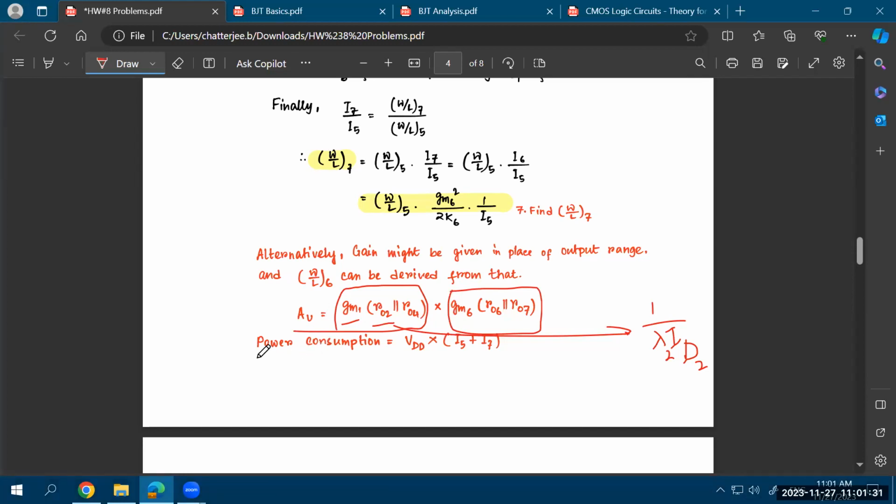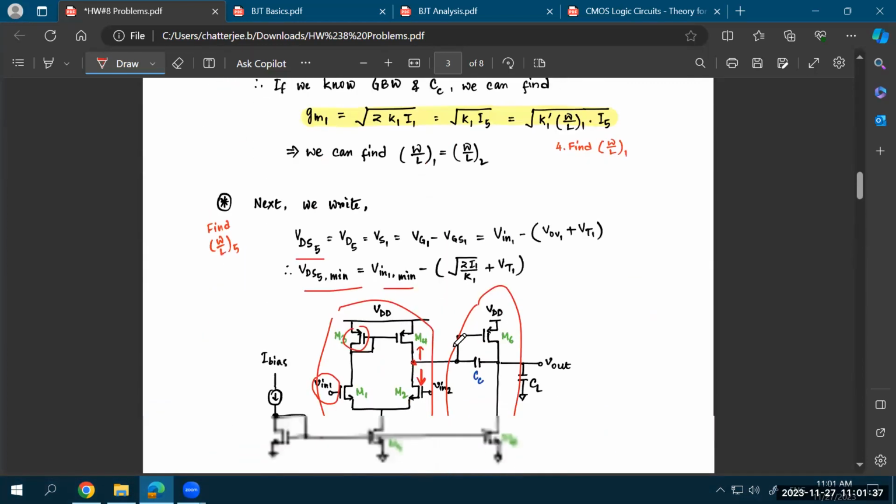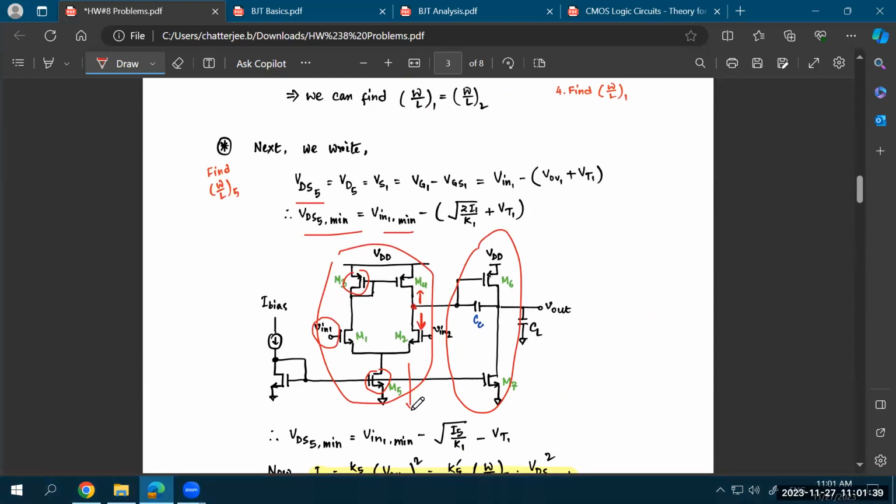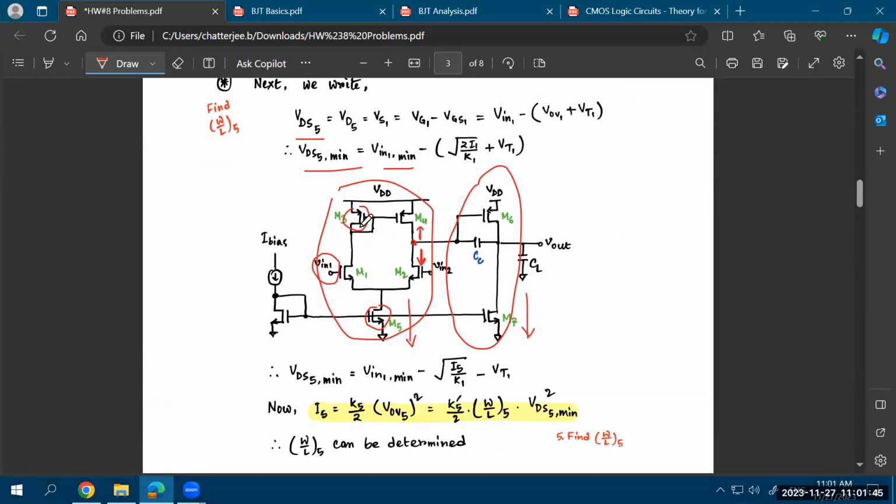Also, if you want to measure the power consumption, that is, the overall power that you're consuming here, that's basically the currents that you are consuming in the I5 transistor, so basically the differential amplifier branch and the common source branch. In this case, because you are asked to find out the power consumption of the amplifier, you do not need to consider the power consumption in this branch. But if you consider it, just mention it.